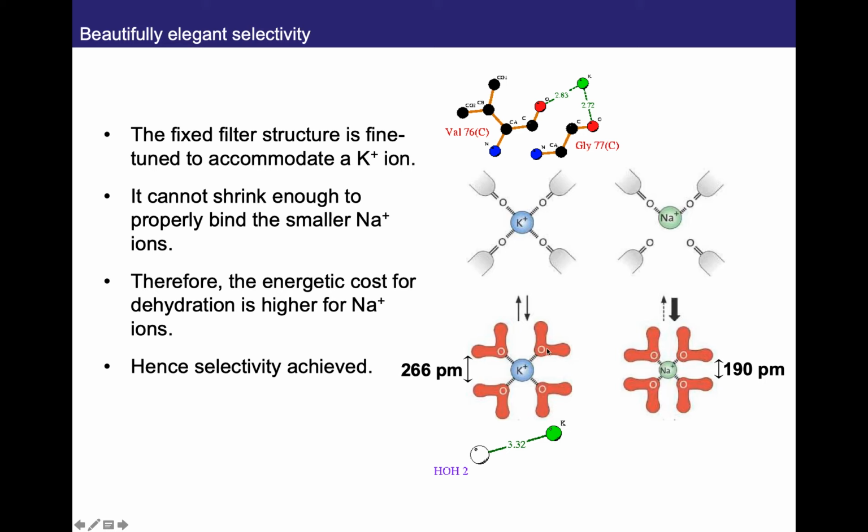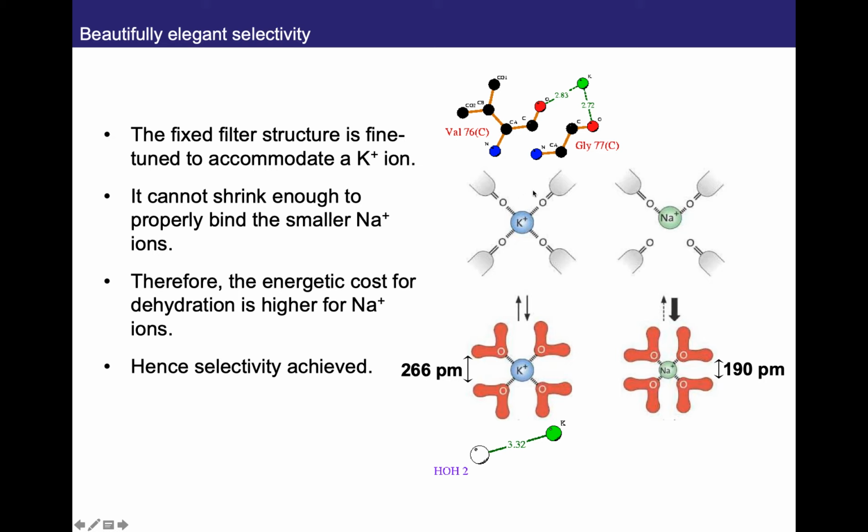What happens with potassium, as it slides into the channel, is the pore region is actually exactly mimicking the water molecules. So it slides directly from the water molecules right into the pore region, right? It's actually really, really elegant. The sodium ion is too small for the channel.